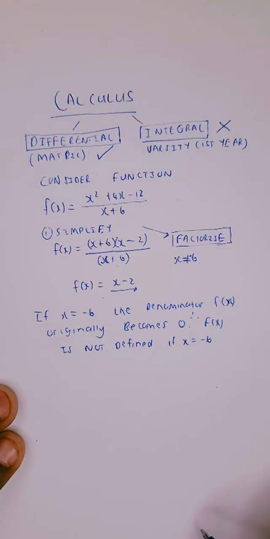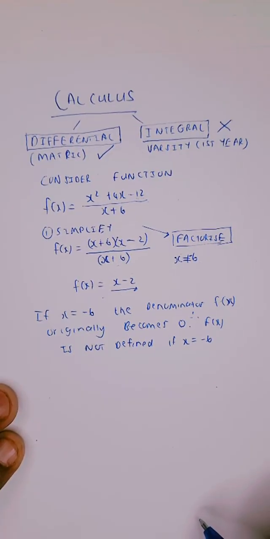That is very clear, guys, because we know that a 0 denominator means that the function is not defined.